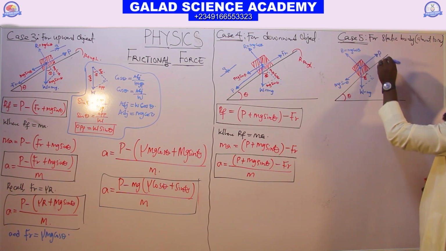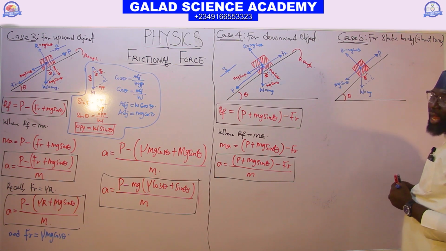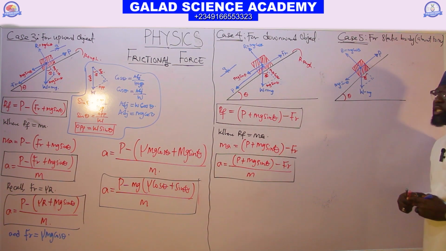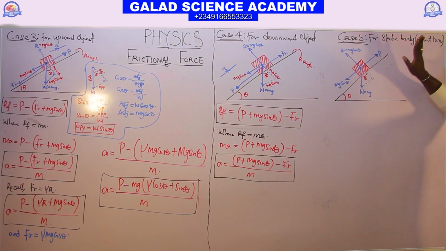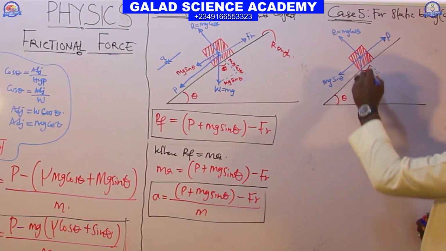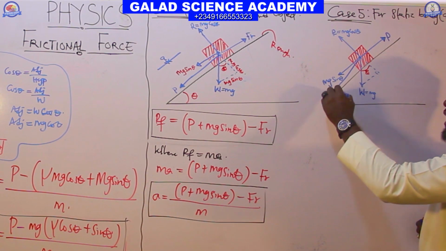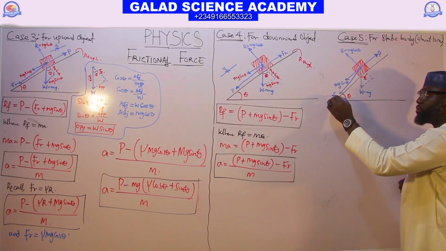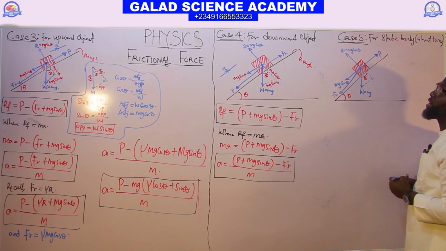The applied force P that we apply to move the block. But the frictional force which opposes the motion here is Fr.